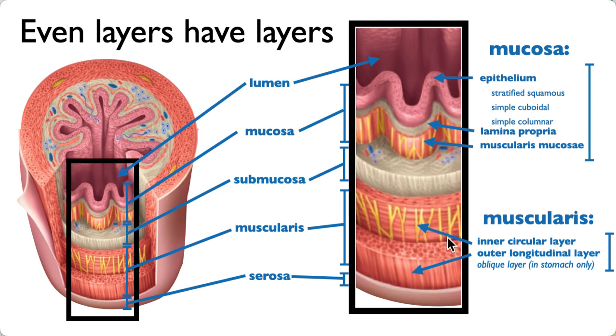Now, one thing I want to point out here is that there's sort of a repeating pattern. We can see muscle and just inside that connective tissue. And then again, we see muscle and just inside that connective tissue, and then with this outer lining. So there's sort of a difference in scale.